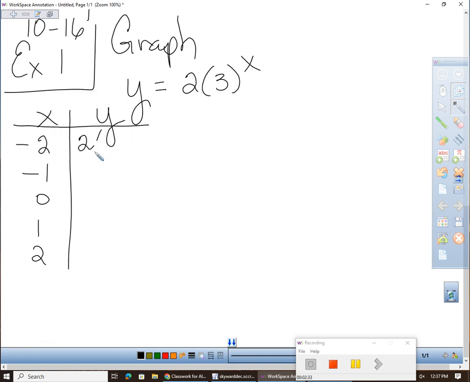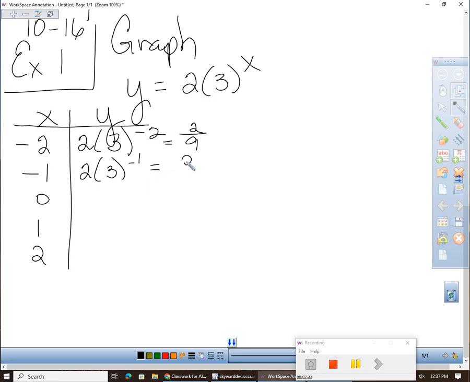So I'm going to plug it into this. I have 2 times 3 to the -2. If I plug it in my graphing calculator, hit math, enter, I will get that this is 2 over 9. Remember that 3 to a negative exponent moves it to the bottom, so that also gives me 3 squared on the bottom, or 9. Next one, I have 2 times 3 to the -1.